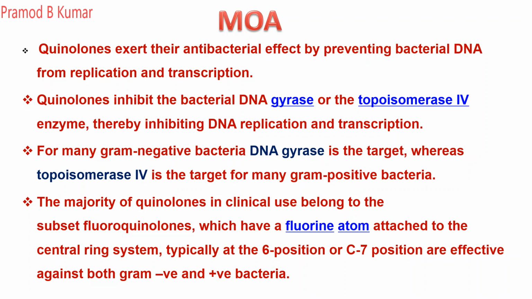The most important feature is that it should contain a fluorine at the C6 position, and there should be some group present at the C7 position also. That is necessary for the activity.